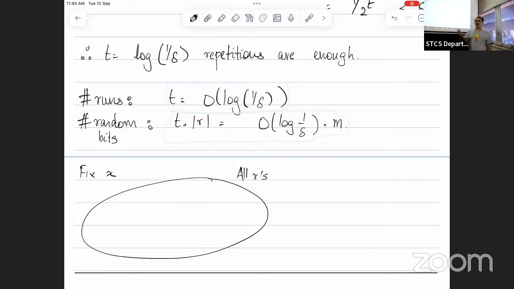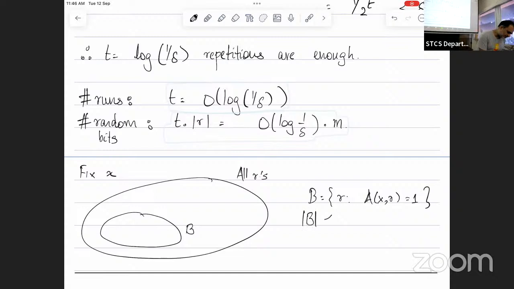The problem is if X is not in L, then there is some set of random strings that make your algorithm wrongly think that X is in L. As a cartoon, I'm going to put this set B. B is the set of all R such that A of X comma R returns 1, even though X is not in the language. And the guarantee we have right now is that the size of B is at most half times 2 to the power m, where m is the length of the random string that we have. Okay. And previously, what were we doing?